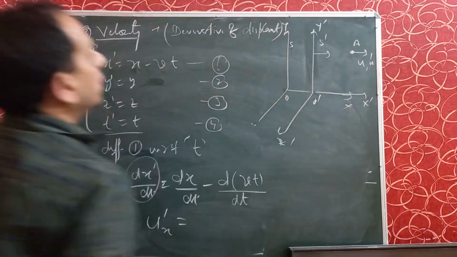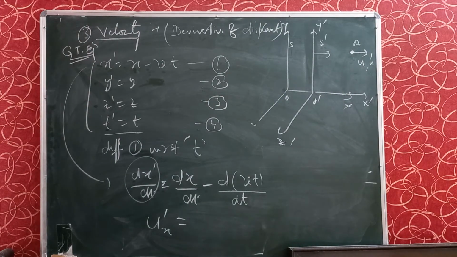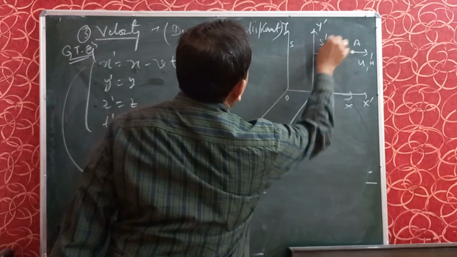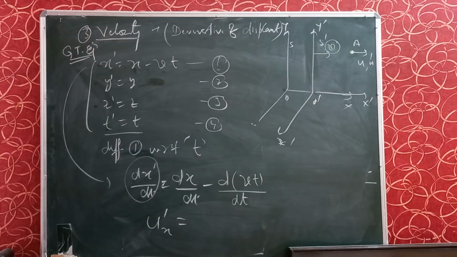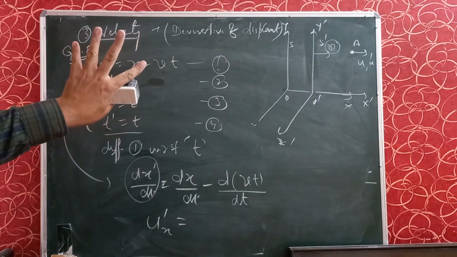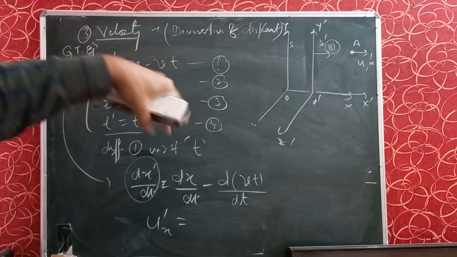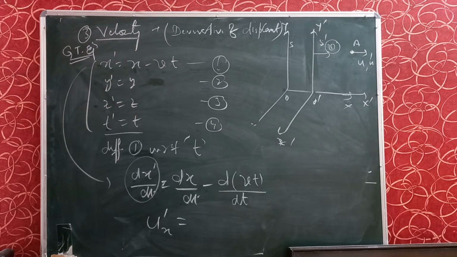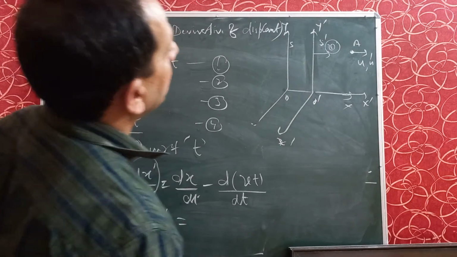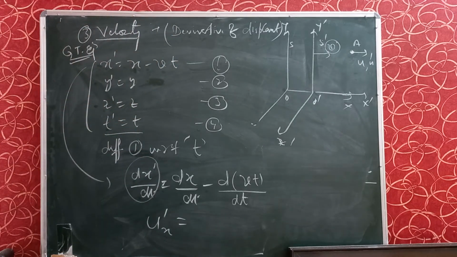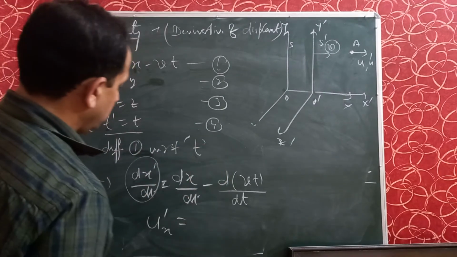u and u', these are the terms used for the velocity of the particle, and we have reserved v as the velocity of the frame. So there are two different things. One thing is the particle, the second thing is the frame. So you must differentiate these two parameters. Frame is different, particle is different.